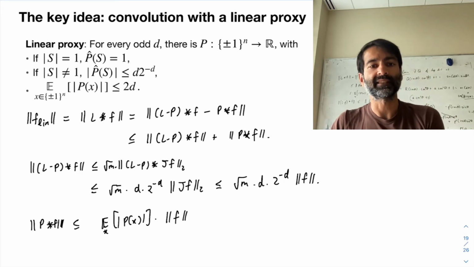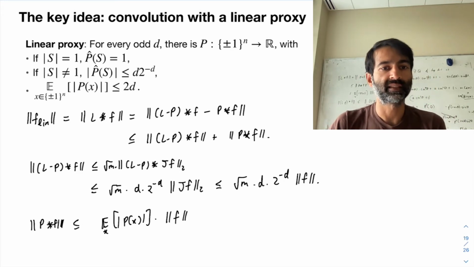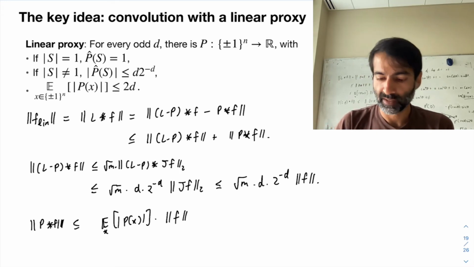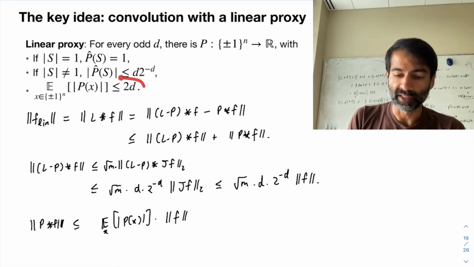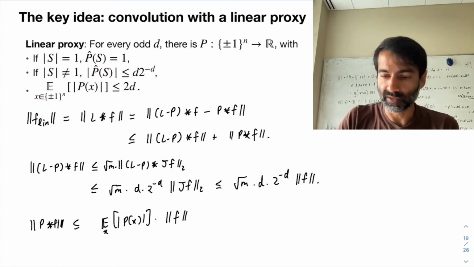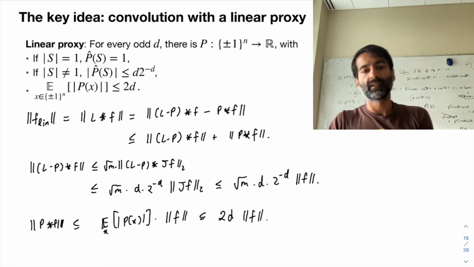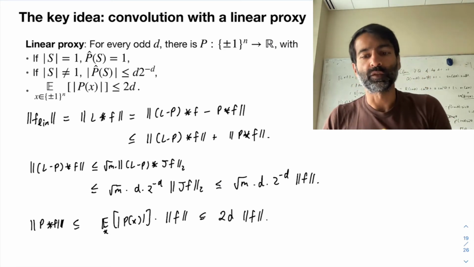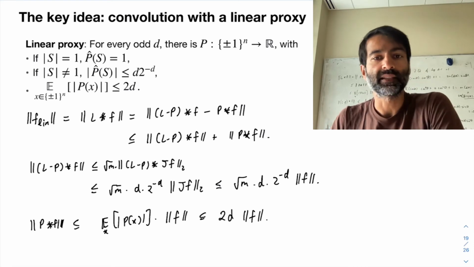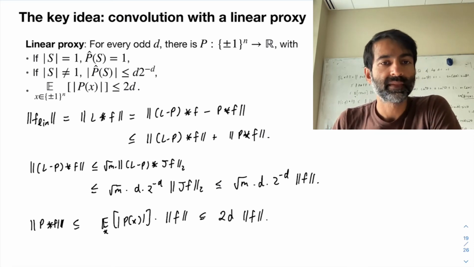This is exactly the same calculation as we just did with L, when we used L instead of P. And now we appeal to the fact that the L1 norm of P is small, so this gives a bound of order D times the norm of F. So you see that if we set D to be about order log M, then this proves Pisier's inequality.